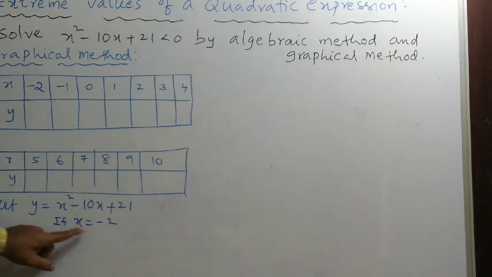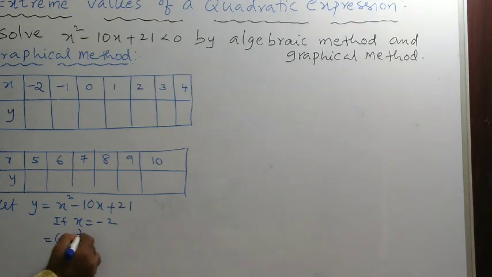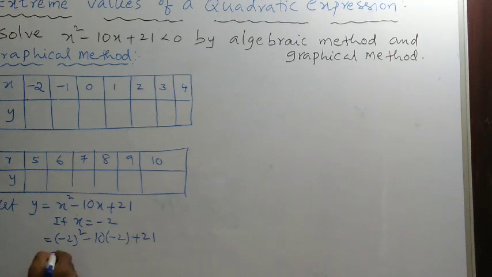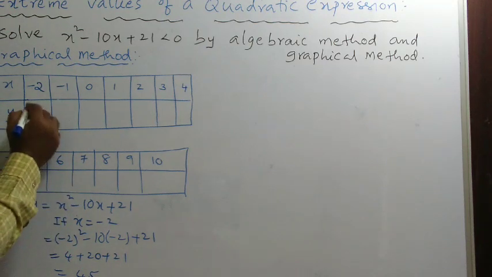Let us substitute x equals minus 2 in the given expression. After substitution, this is minus 2 whole square minus 10 into minus 2 plus 21. So this is 4 plus 20 plus 21, together it is 45. So let it be 45.